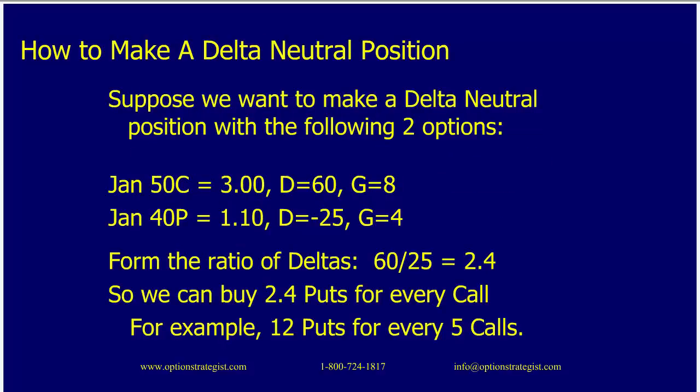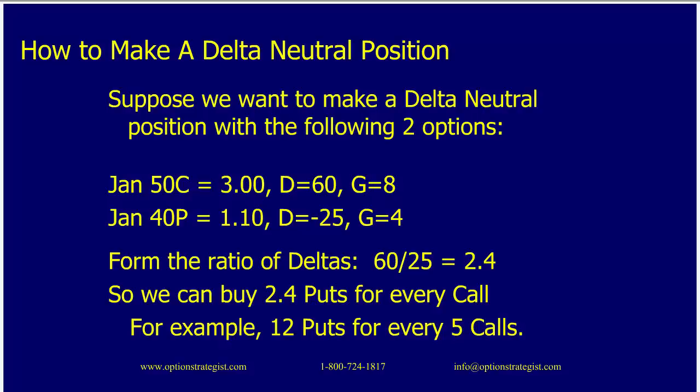Now, how do we make a position delta neutral? Well, suppose we just have two options. All right, we have the Jan 50 call for $3. We have a delta of 60 and a gamma of 8, and we have the Jan 40 put at $1.10 with a delta of negative 25 and a gamma of 4. All we have to do is form the ratio of deltas.